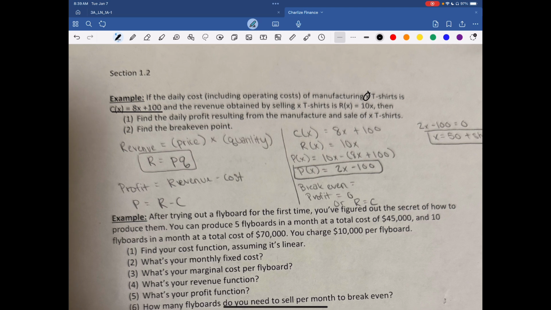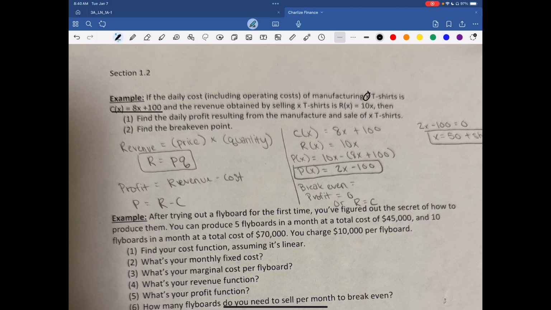And it makes sense, because if the price is $5 times three sold, 5 times 3 is 15. So that's the revenue I receive. Profit is the revenue excluding the cost. I need to find that. So it pretty much makes sense.